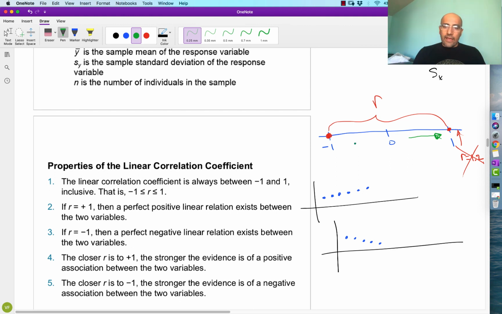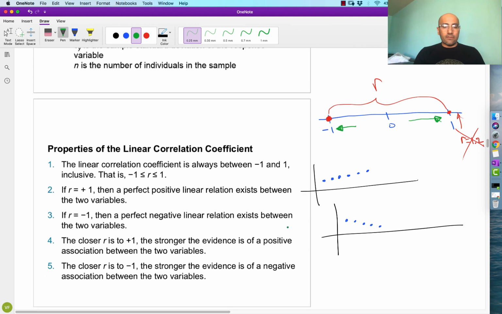On the other hand, when we get a negative decimal value close to -1, the closer we get to -1, the stronger the statistical evidence that we have a negative linear relationship between our variables. Well, how close is close enough? At what point do I say we have enough evidence? Well, we have a table for that, so we'll cover that right down here.